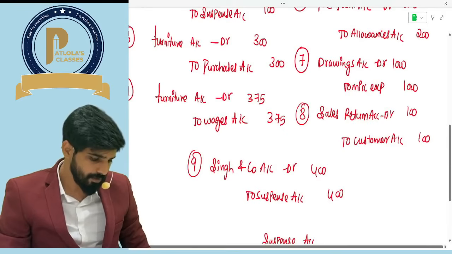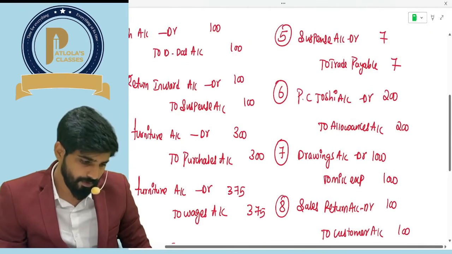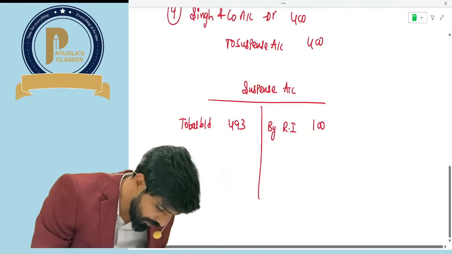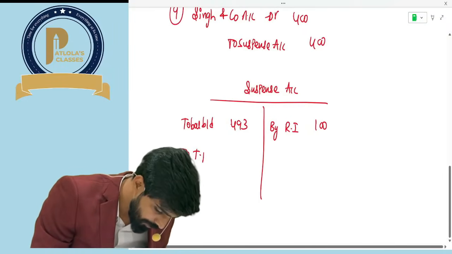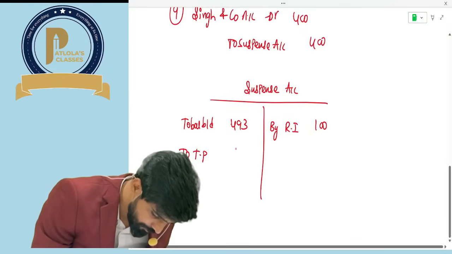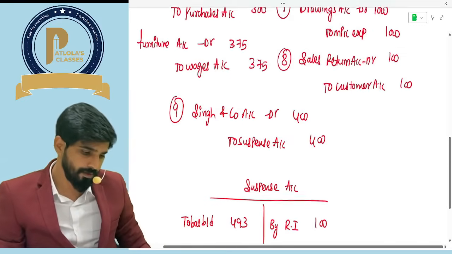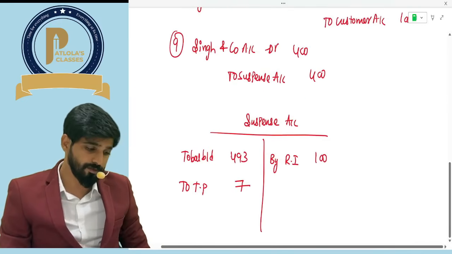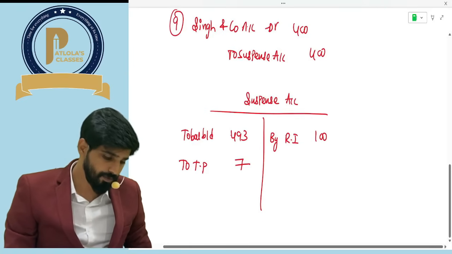Next, in fifth, there is a suspense to trade payable. In suspense, it will be to trade payable. How much is that? 7. Next, 7th and 8th, no suspense. Coming to the 9th one, there is a suspense, that is Singh and Co. to suspense.